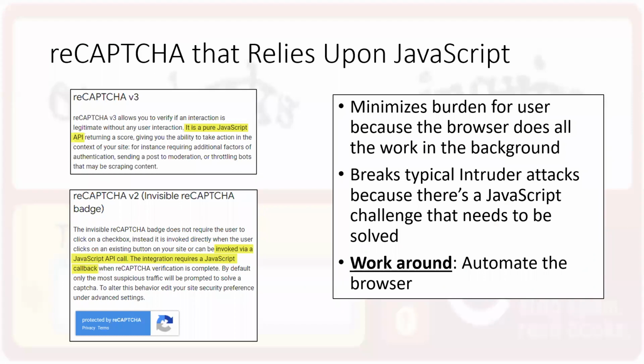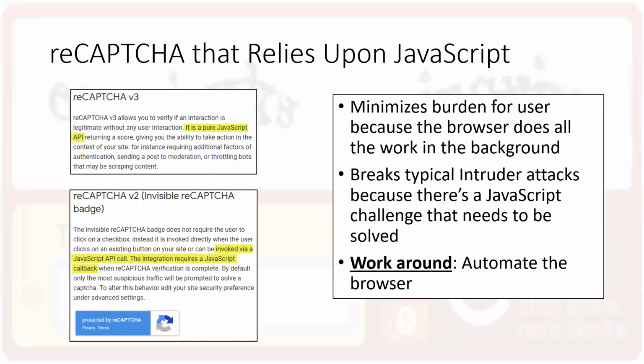So the first use case, reCAPTCHA, like I said, relies on solving JavaScript, and that's how it figures out if you're launching automated attacks or not. It's kind of nice, like these two particular flavors of reCAPTCHA, because it's pure JavaScript, it runs in the background, it's minimal impact for the users, much better than having to click all the traffic lights or boats that you see on the highway type thing.